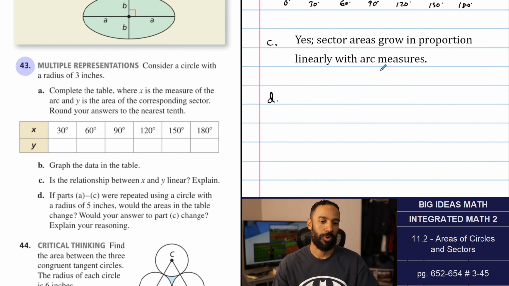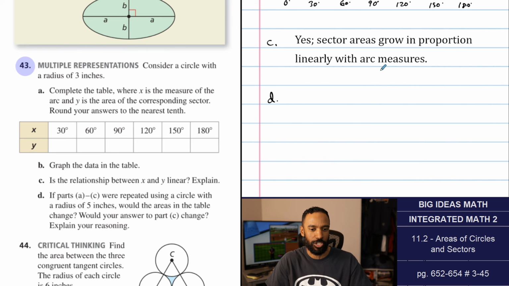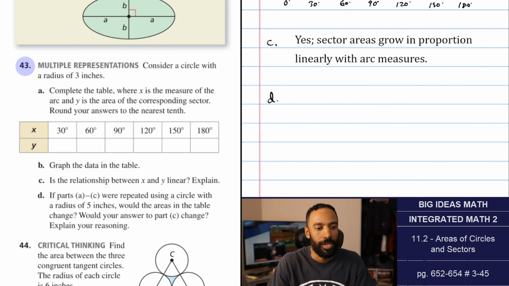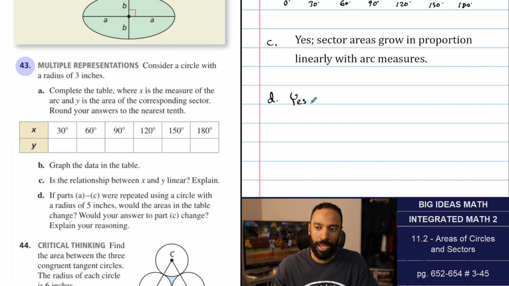If parts A to C were repeated using a circle with a radius of 5 inches, would the areas in the table change? Would your answer to part C change? Explain your reasoning. Would the areas in the table change? Yes, because it's a bigger circle. Yes, but they would not be 5/3 bigger.